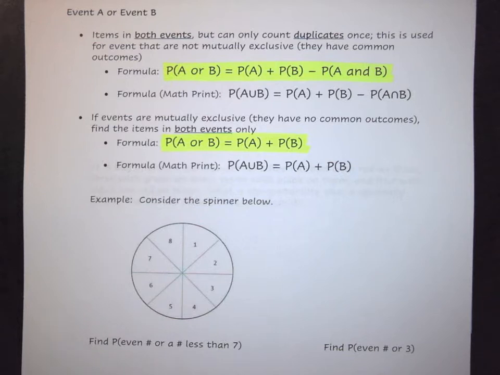And so when that occurs, we have to subtract away those duplicate numbers. So you only want to be counted once when we're talking about probability.